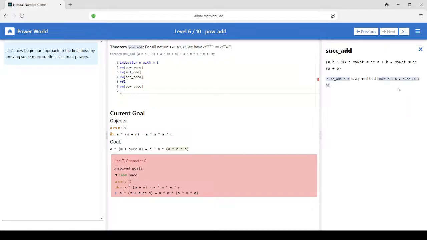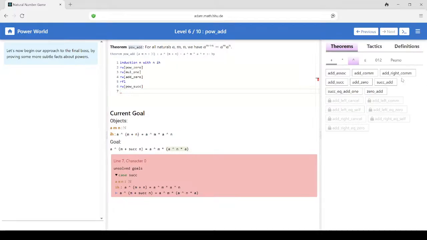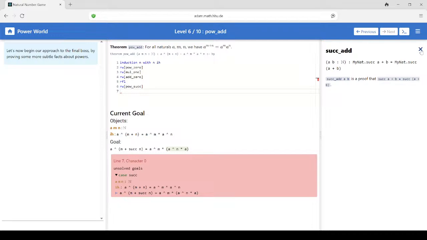No. Oh, well, that's just the opposite of this. I could get a 1 out of there, but I don't think... Well, I don't know. May as well try.